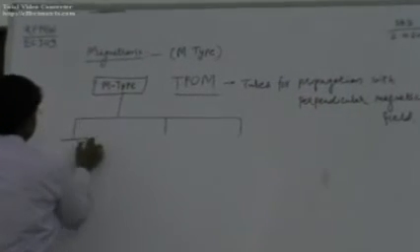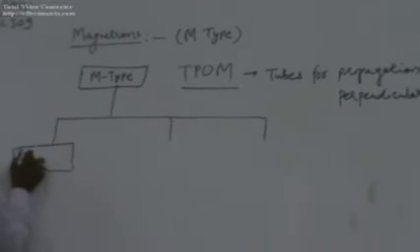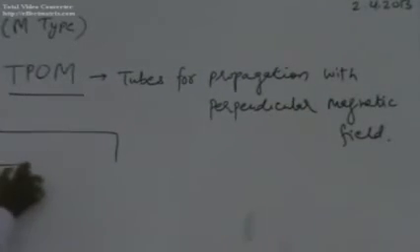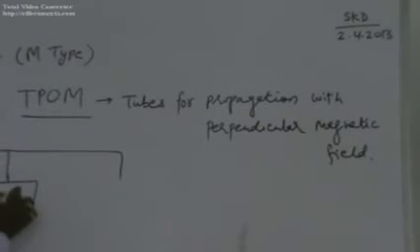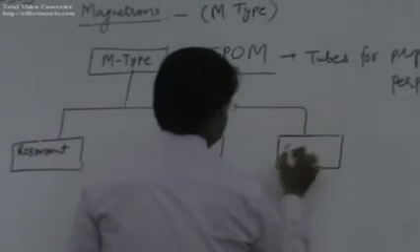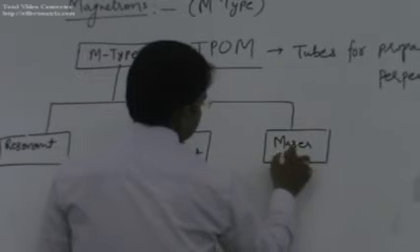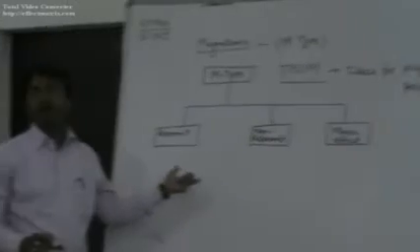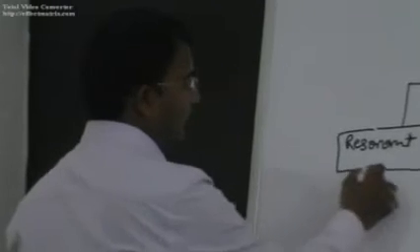So if we classify the M-type tubes, which we have discussed, the total devices of M-type, magnetron type, working on the principle of resonant cavities or non-resonant cavities or Maser effect, are divided into three categories.